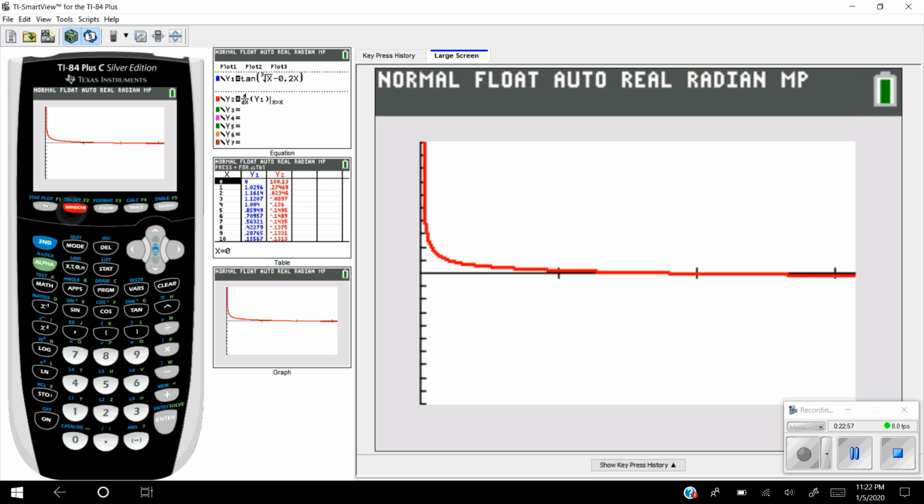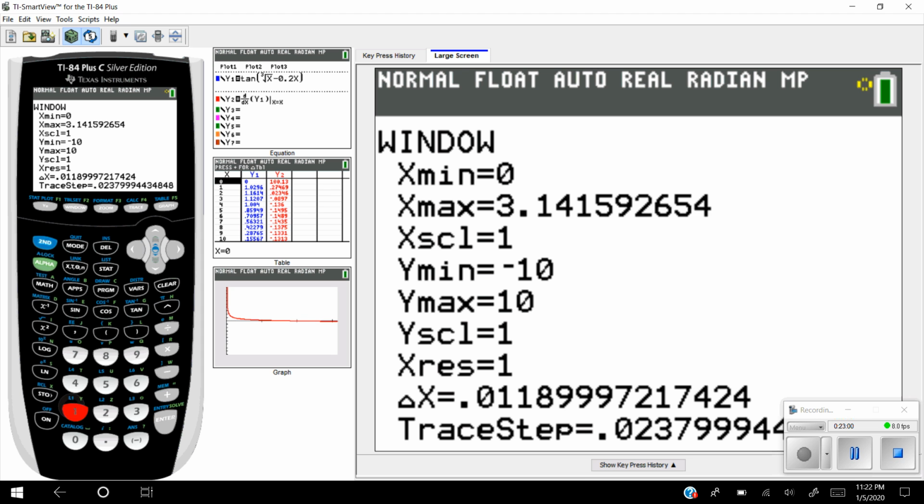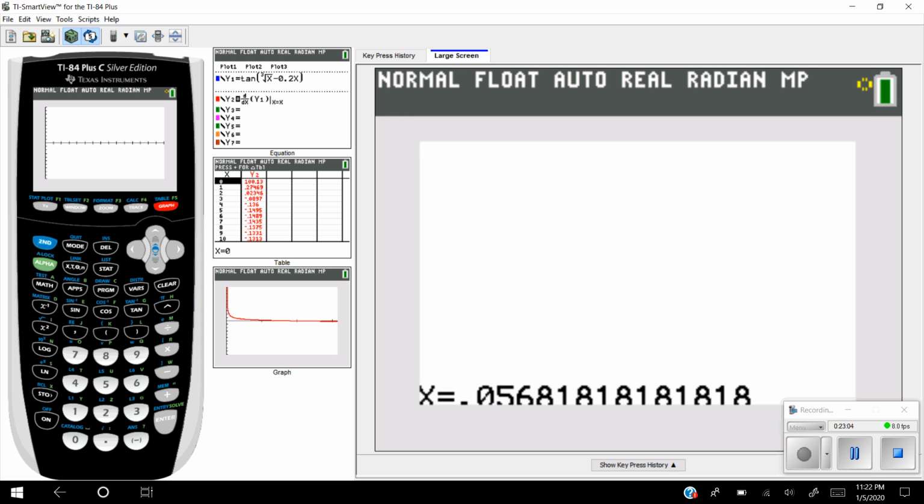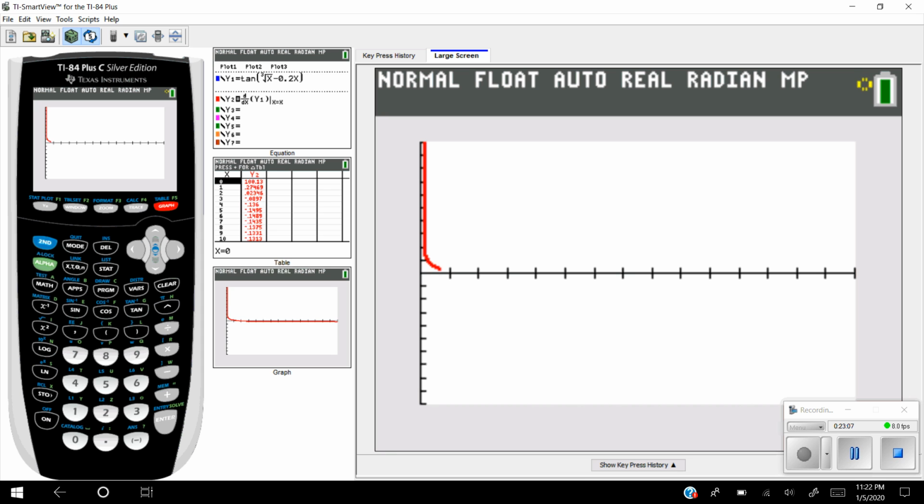Okay, I'm going to change my window from 0 to 15. Graph. So it looks like it crosses the x-axis there somewhere between 1 and 3, right around 2. So we will calculate the exact time here when this finishes graphing.